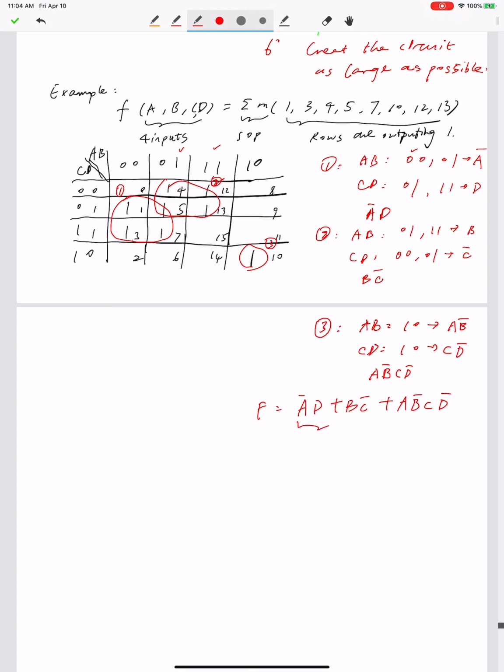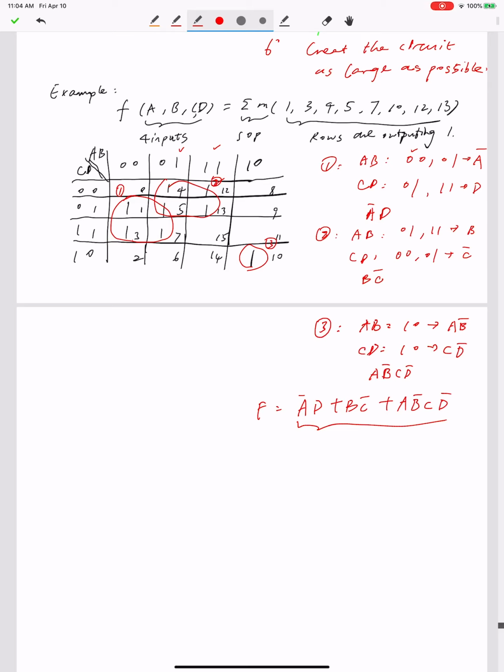But here, after using the kernel map, the logic expression is simplified to 3 terms, and to draw the corresponding logical circuit, 3 terms is much easier than 8 terms, right? In terms of the number of gates. Okay. Right, so that's the kernel map, and that's the main topic of today's class.